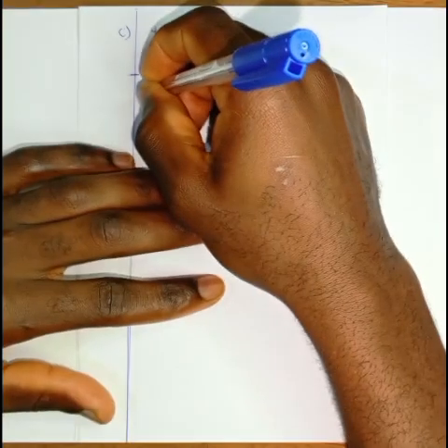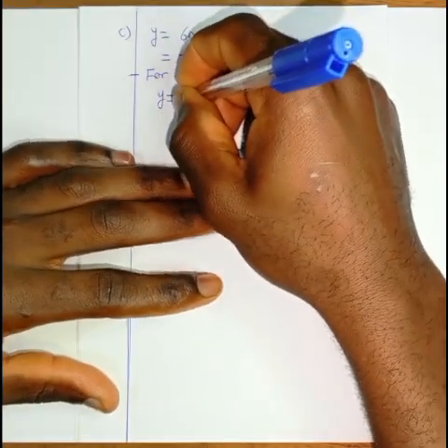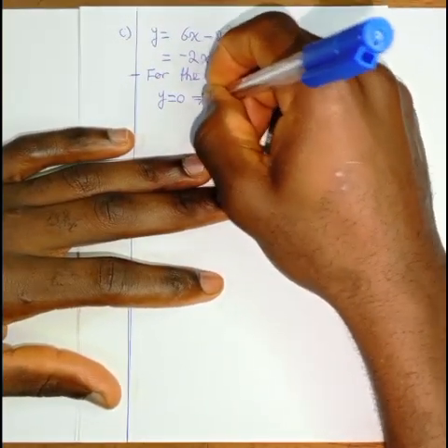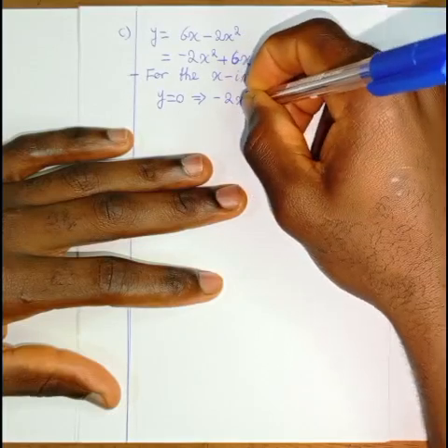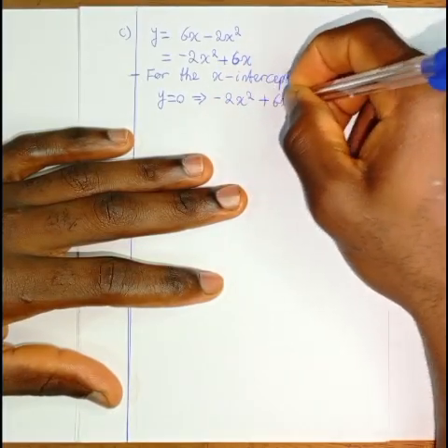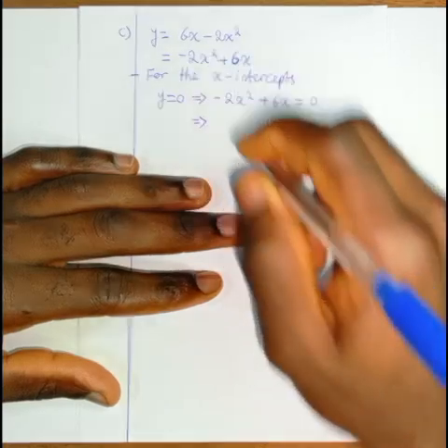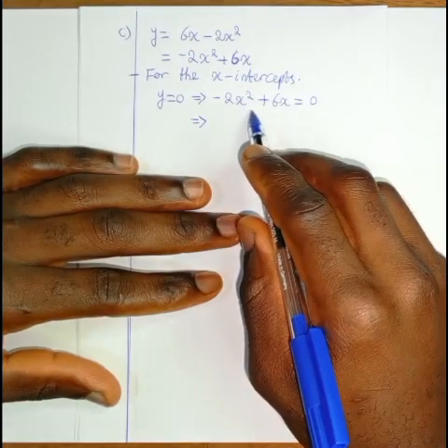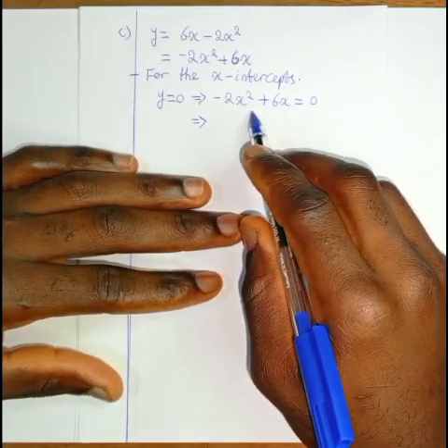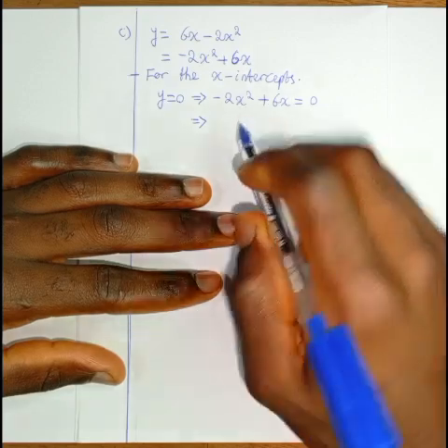For us to get the x-intercepts, we are going to equate y to 0. Y is equal to 0, then -2x squared plus 6x is equal to 0. We are just going to proceed with the factorization. We saw this when we were treating how to solve quadratic equations by factorization.